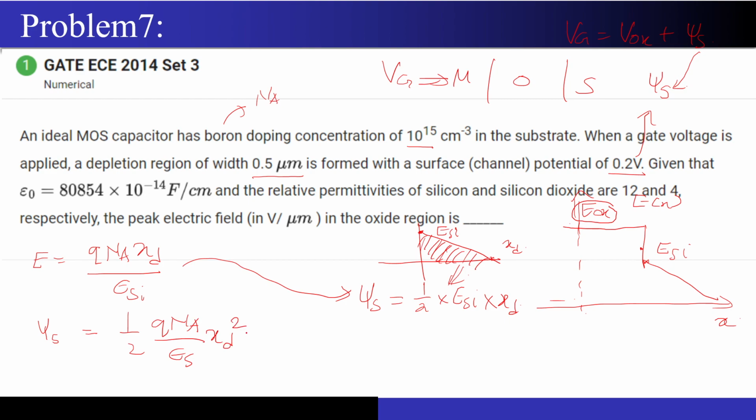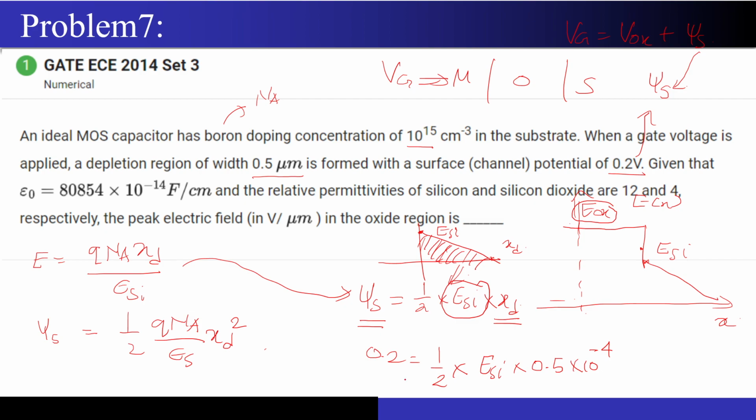But let me check whether I actually need this formula or not. I already know the value of XD, which has been given to me. The surface potential has also been given to me. I can easily find the value of ESI from here. So psi s is 0.2, which is half into ESI into XD, and XD is 0.5 micrometer, so 0.5 into 10 to the power minus 4, because we always want to convert everything into centimeter.